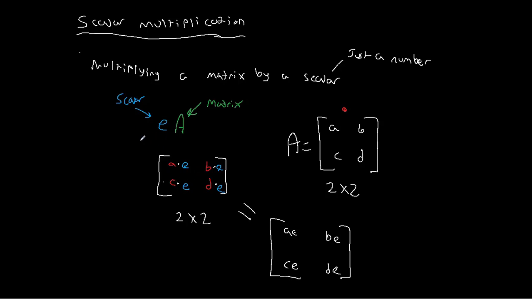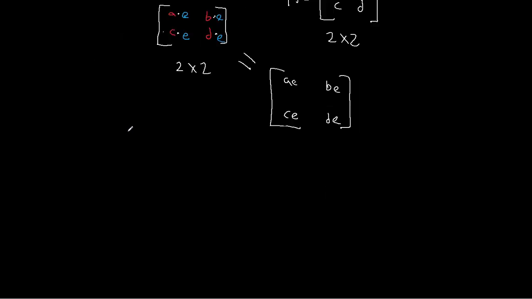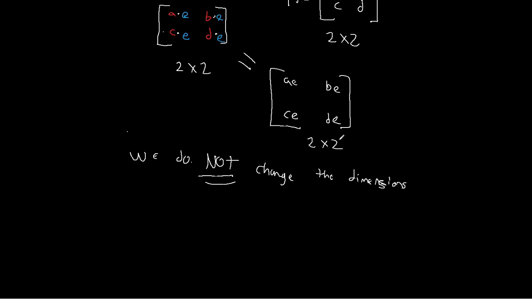Just to pay attention to what happened here, again, we do not change the dimensions. 2x2 input matrix, 2x2 output matrix. The scalar does not affect the dimensions of the matrix. You're multiplying each element by the scalar.